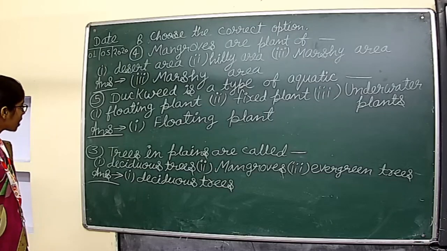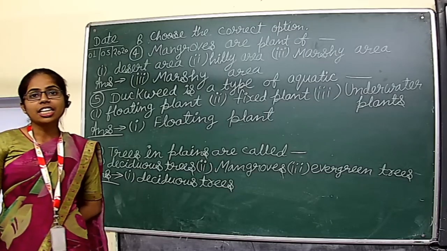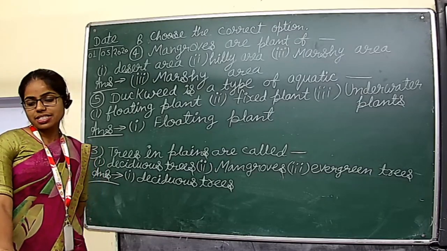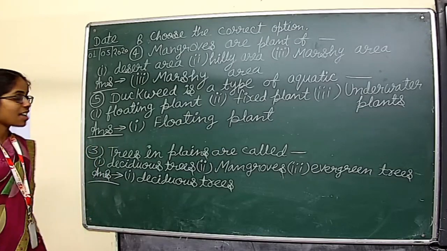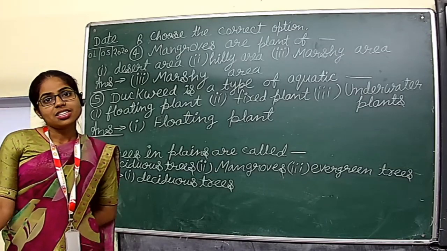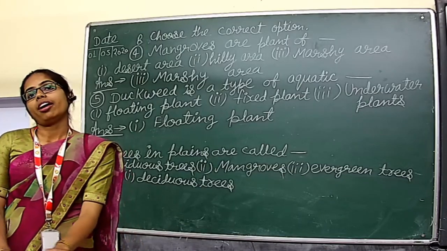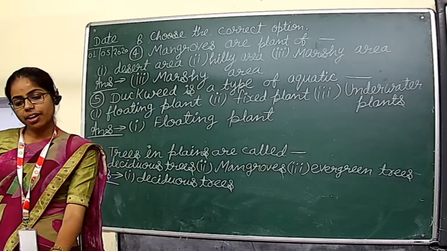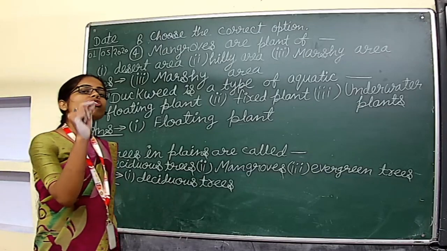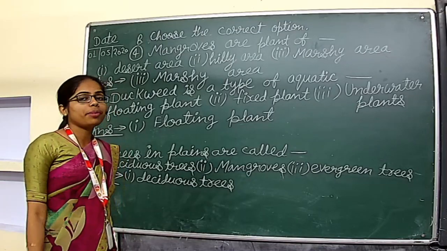So what answer did we write here? Here again the first option is correct. Floating plants. So we can say that duckweed is a type of aquatic floating plant.